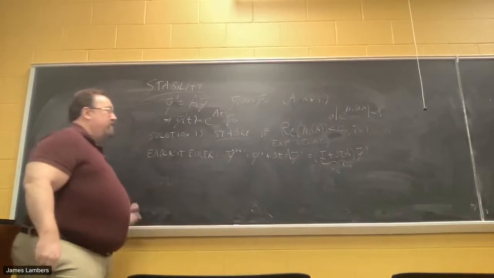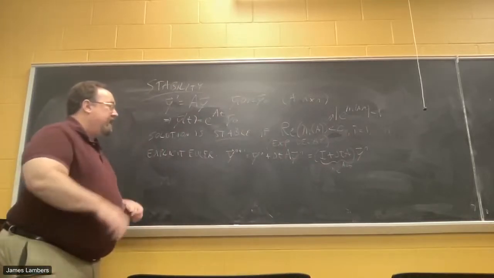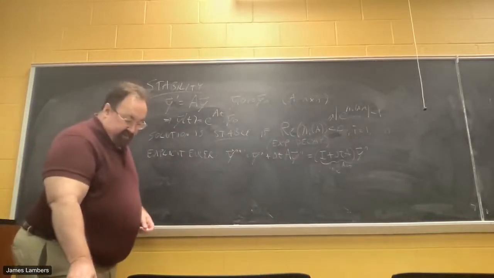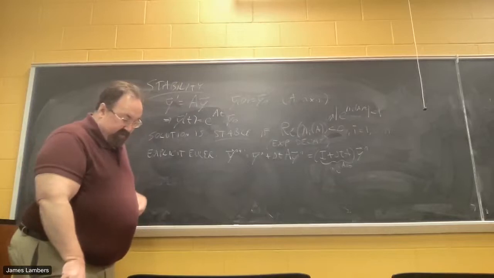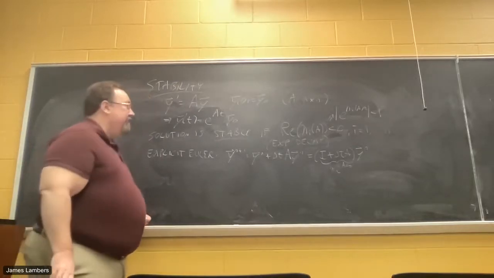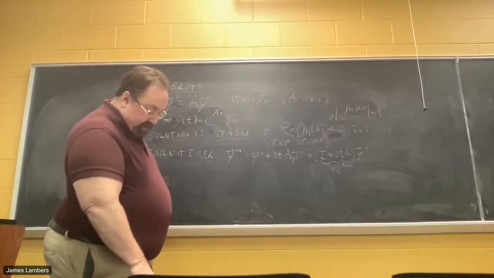In fact, it's the first two terms of the Taylor expansion of e to the A delta t centered around t equals 0, which makes sense because Euler's method is certainly consistent with the underlying ODE.